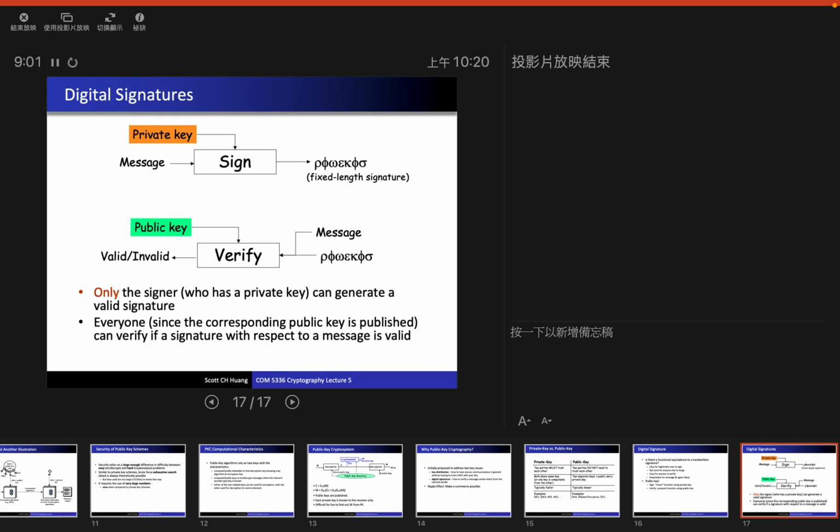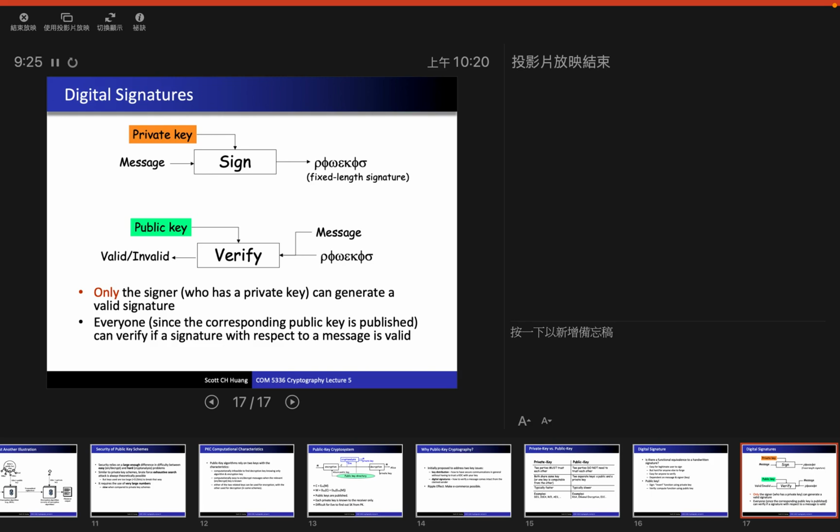Sometimes you have standalone digital signatures as well. For example, like DSA, we'll talk about that later. Okay. So only the signer can generate a valid signature, because only the signer has a private key. And then everybody can verify. For encryption, everybody can encrypt using a public key, because your public key is public. Everybody has it.